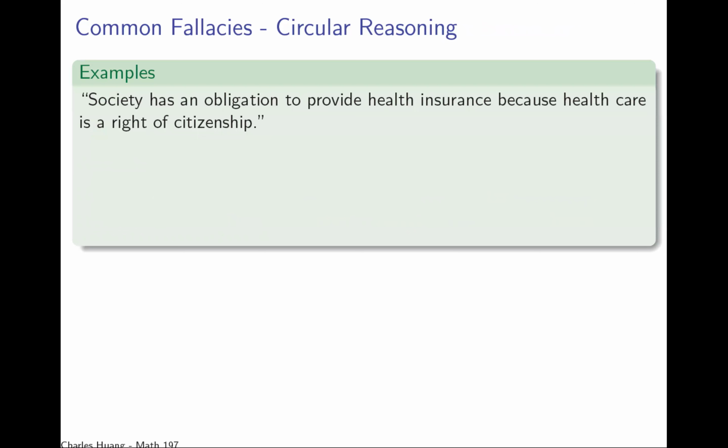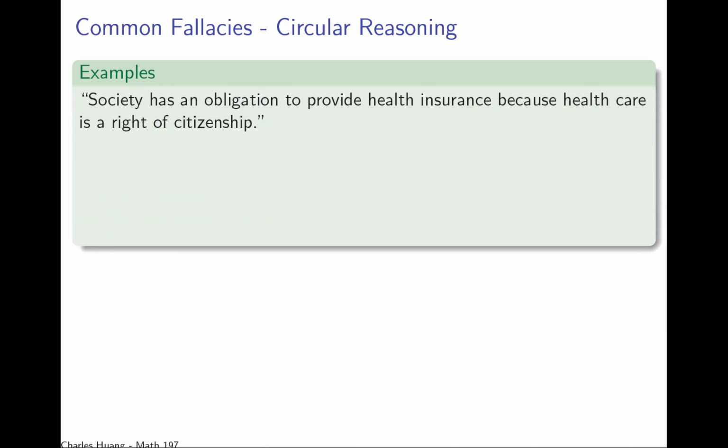The next type of fallacy is called circular reasoning. If we look at the example argument here, the argument says that society has an obligation to provide health insurance because healthcare is a right of citizenship.